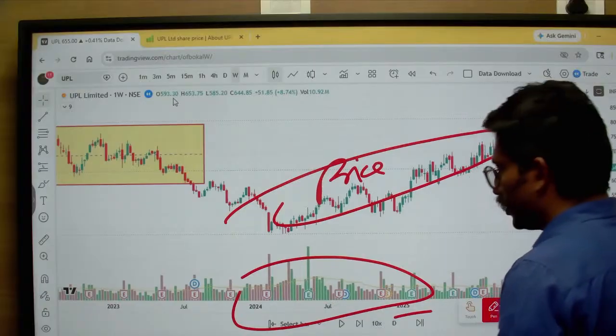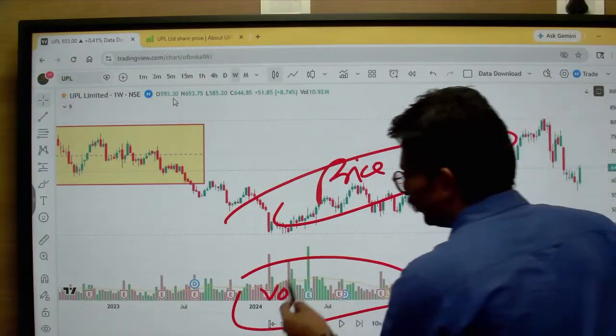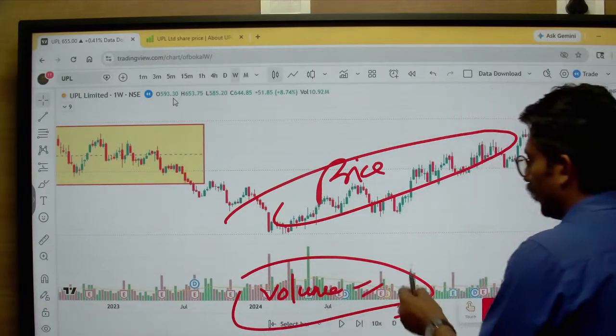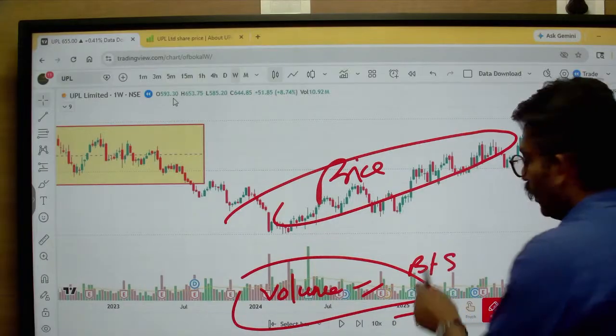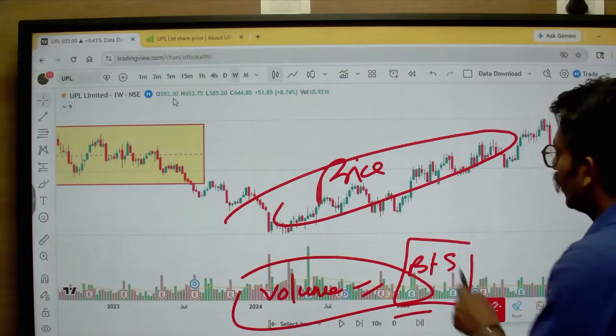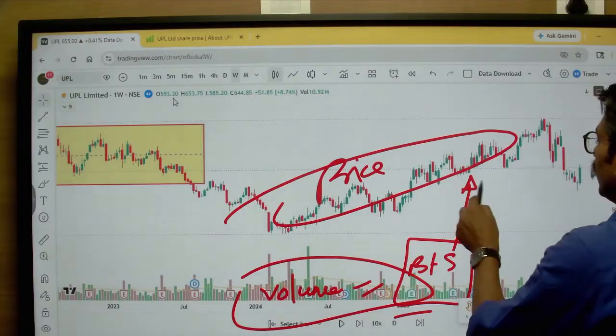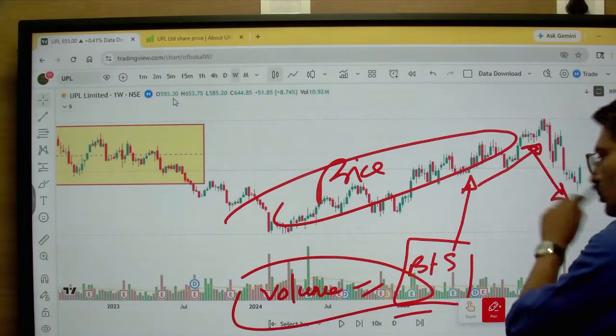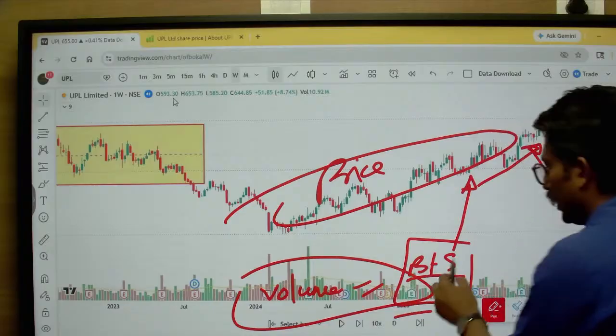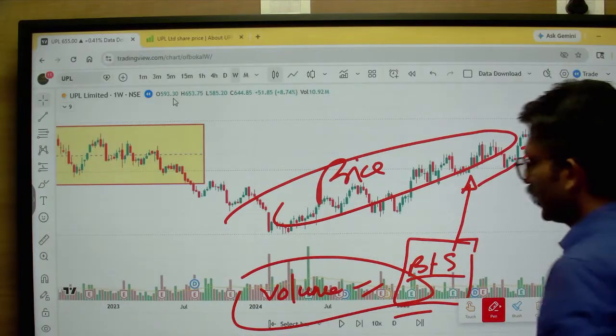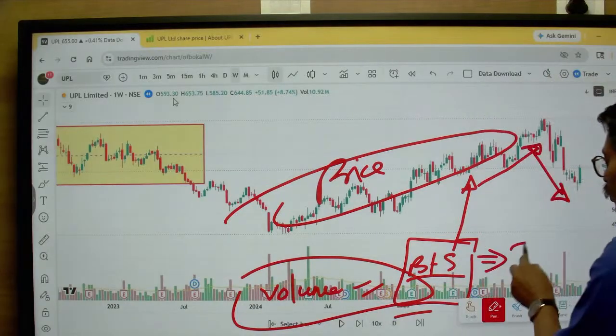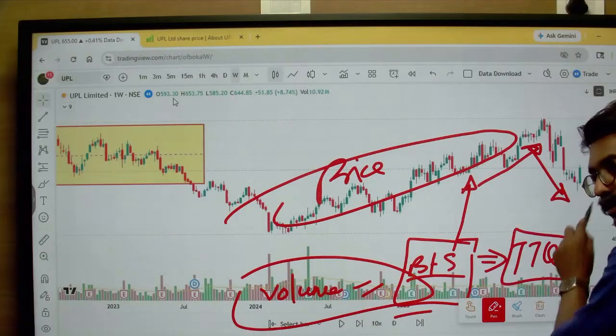On the x-axis, this is known as volume. This is the sum total of buy and sell. When you buy and sell, this triggers a price action. Either the stock moves up or the stock goes down. The sum total of buy and sell is known as volume. This is also known as total traded quantity.